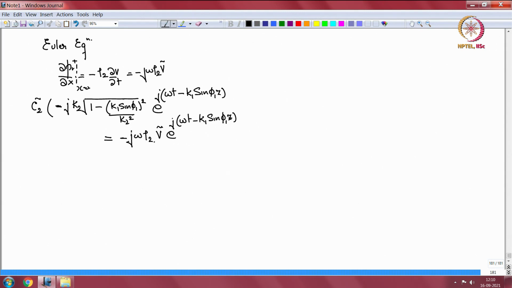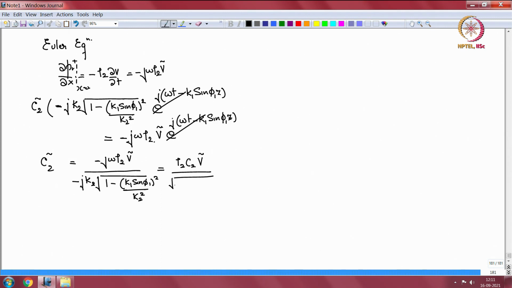Now this phasor part goes away. So that my C2 tilde is equal to minus j omega rho 2 V tilde by minus j K2 square root of 1 minus K1 sine phi 1 squared by K2 squared, which is equal to rho 2 C2 V tilde by square root of 1 minus k1 sine phi 1 by k2 whole square.